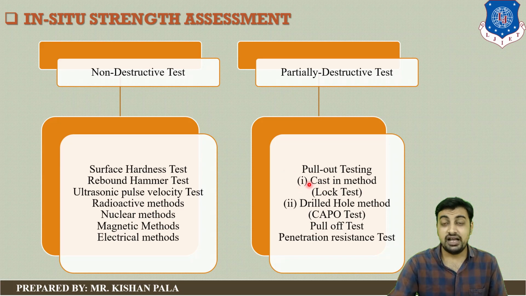The first one is the cast-in method, which is popular as the LOK method, and the second one is the drill hole method, which is popular as the CAPO test. So these tests are classified as partially destructive tests. And in this session, we will discuss the rebound hammer test and ultrasonic pulse velocity in detail.